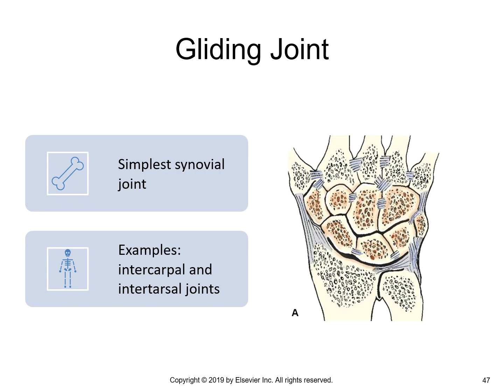yeah. All right, so we start with the gliding joint. Gliding joint is the simplest synovial joint, and the motion is exactly what you expect. It is bones sliding past each other, okay?